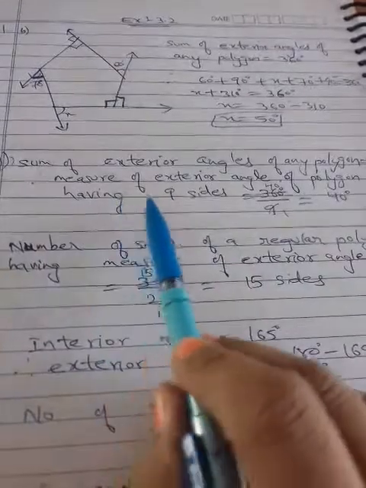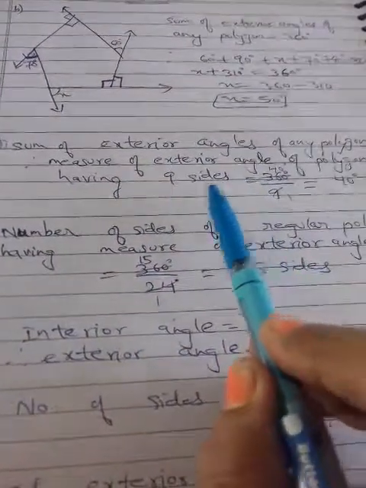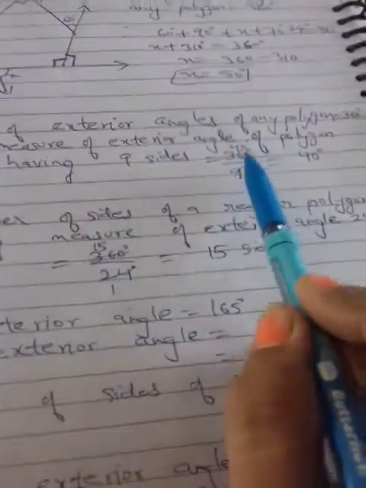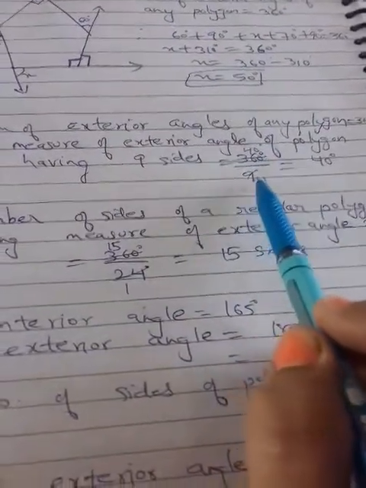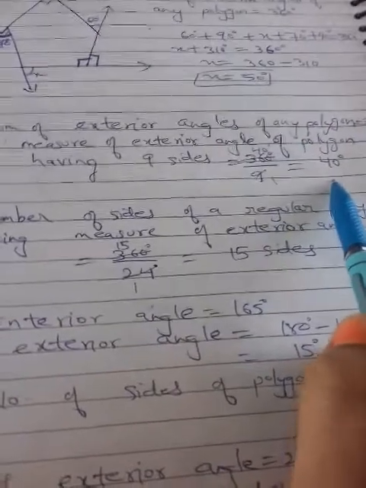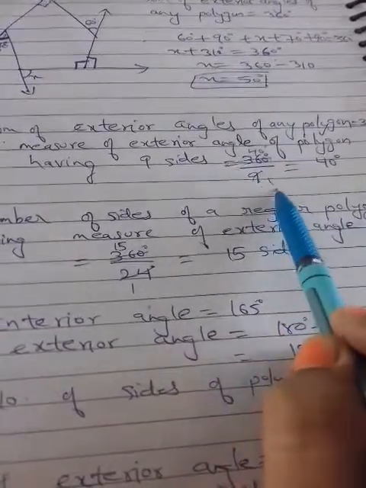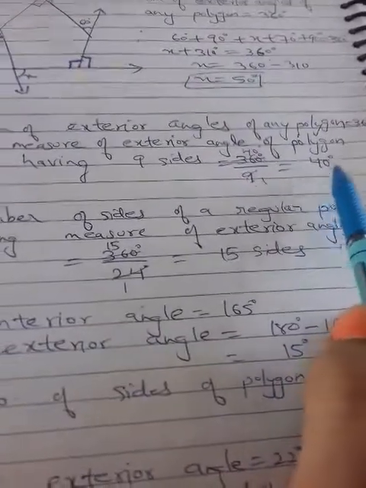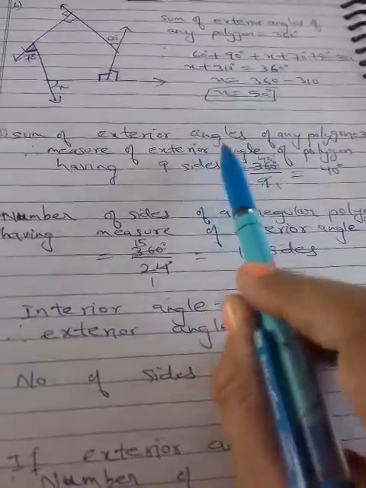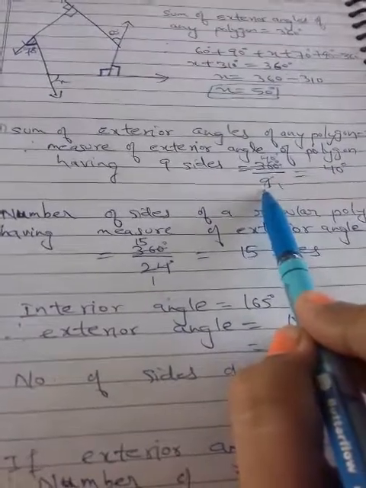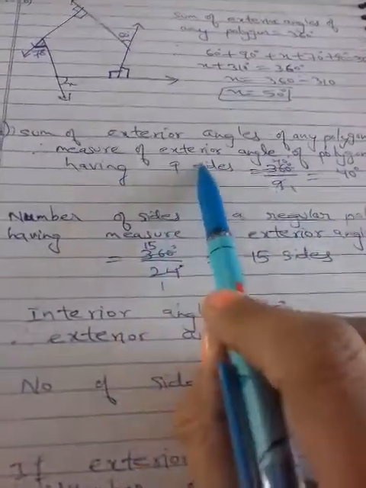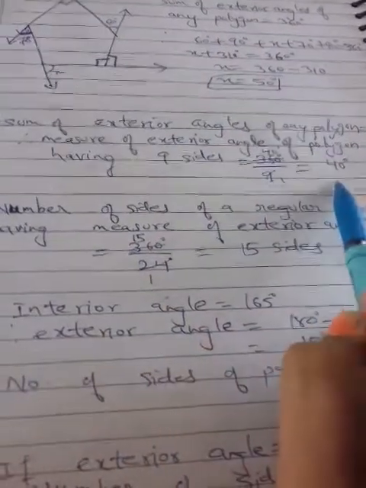If we have to find the exterior angle, then what we will do? We will divide 360 by the number of sides. So 9 1 the 9, 9 4 the 36 and 0 as it is. So this is 40 degrees. It means if the number of sides is given, then we will divide 360 by the number of sides and we will get the measure of the exterior angle of the polygon.